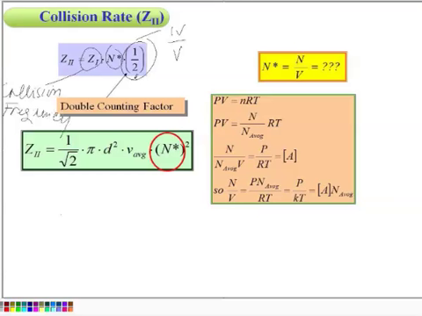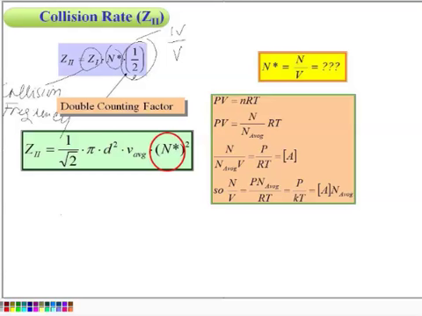How come this must be times a half? So the frequency of the collision is the collision that occurs on one molecule. This is what we already counted.